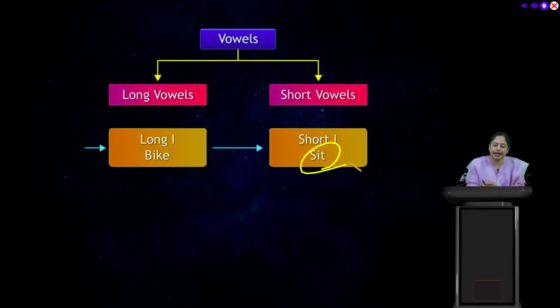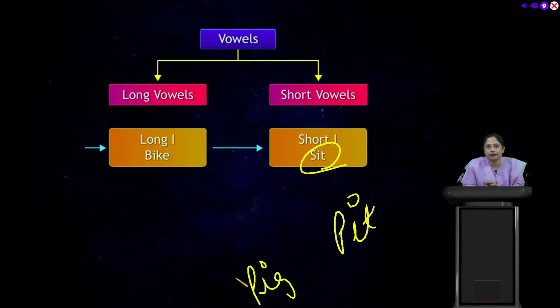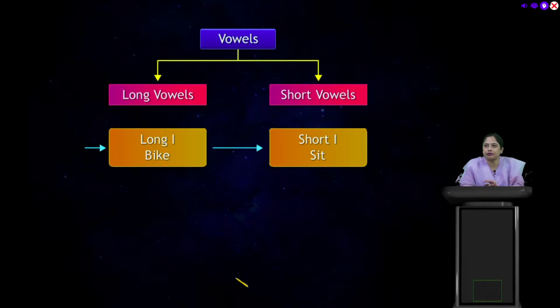When I say SIT, sit, this produces the shorter I sound. This is sit or pit or pig. We don't put much stress in it. It is the shorter, quick sound. So there are 2 types of vowel sounds. One is a long vowel, the other is a short vowel.